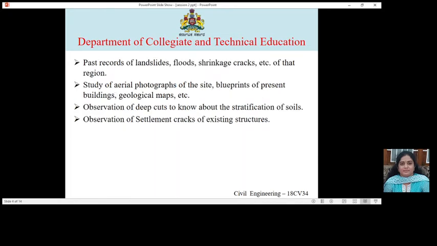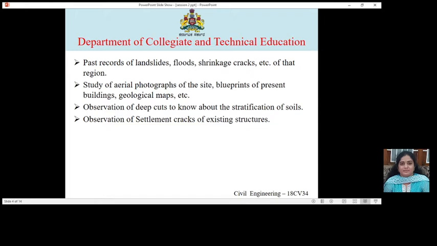Next is past records of landslides, floods, shrinkage cracks, etc. of that region. Study of the aerial photographs of the site, blueprints of present buildings, geological maps, etc. And the next is observation of deep cuts to know about the stratification of soils.